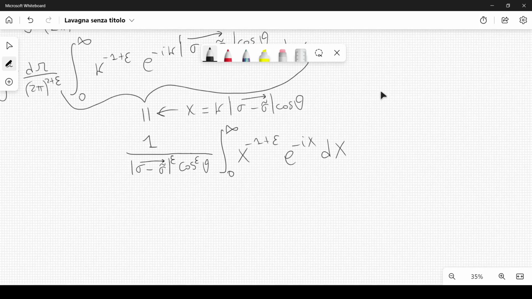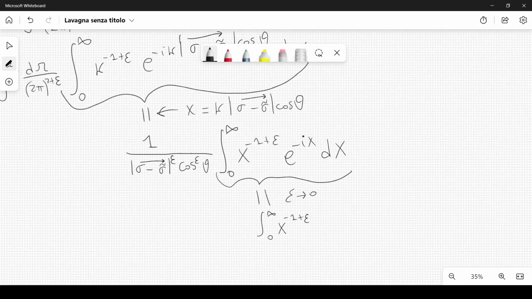Now, it is possible by using complex calculus, and I have put a derivation in the appendix. So you can check out the derivation in the appendix. By means of complex calculus, when epsilon goes to 0, you can show that this integral can be written as an integral from 0 to infinity of x to the minus 1 plus epsilon.